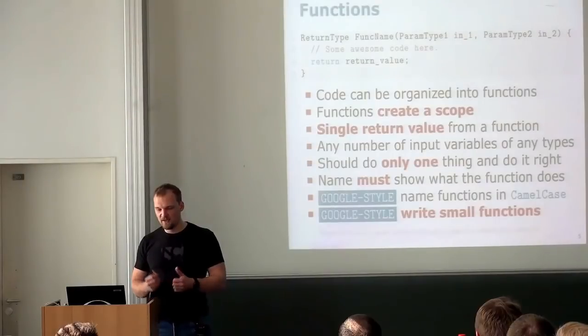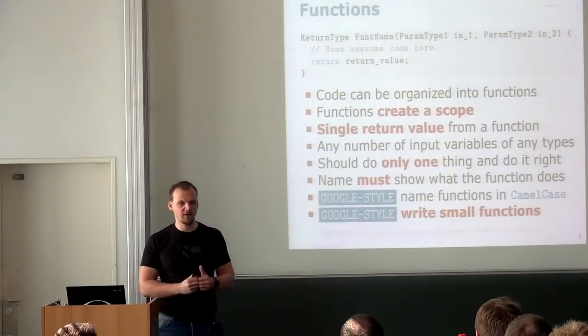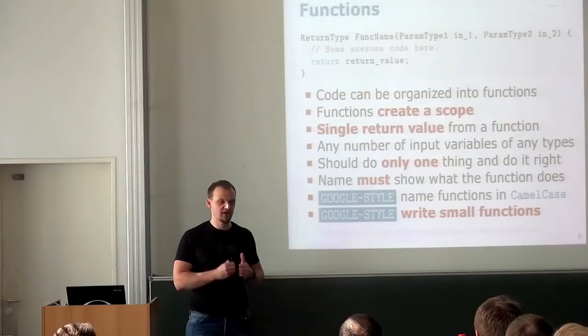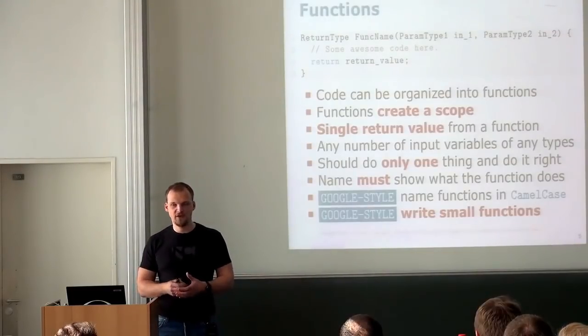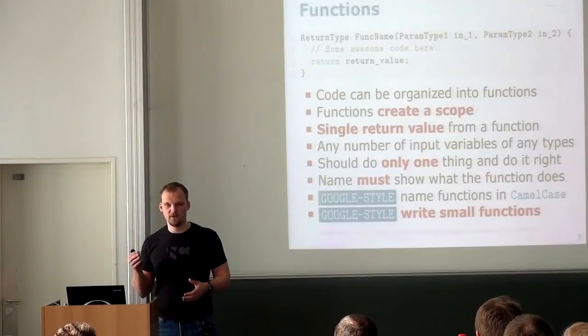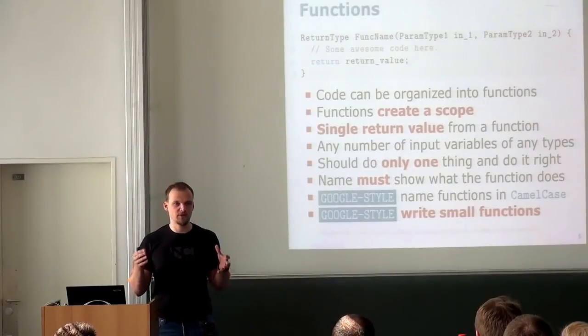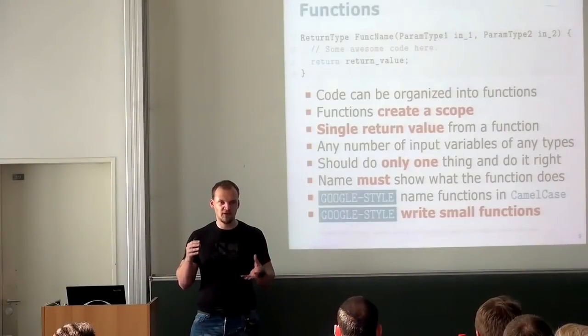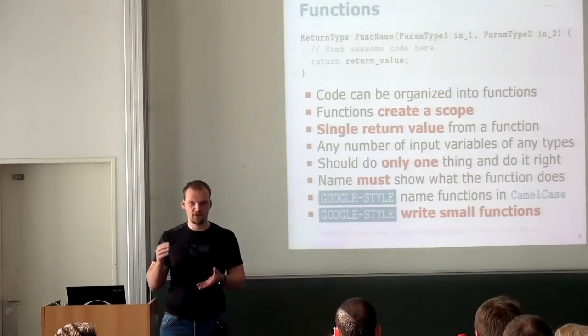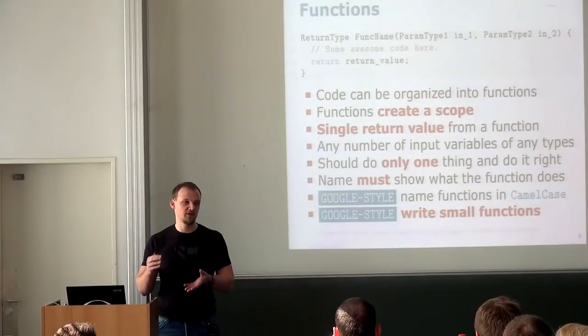You can think about functions in many ways, but what I find consistently helpful is to think about functions as a way to organize your code. If some part of your code belongs together logically, it should probably be a function.